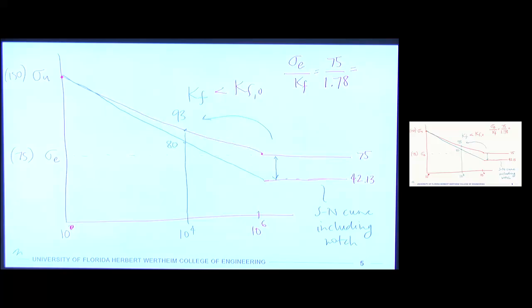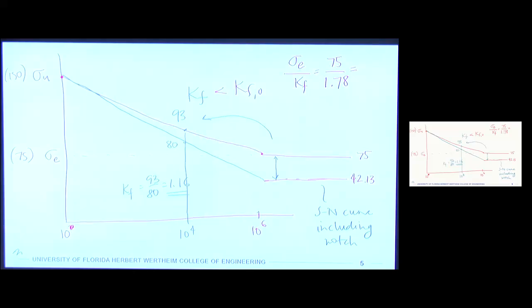So the difference should be a lower factor than our 1.78, right? So at that point, KF is 93 divided by 80, which is 1.16. So it dropped off quite precipitously.